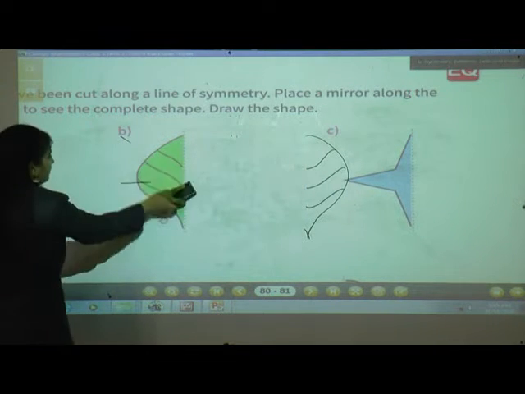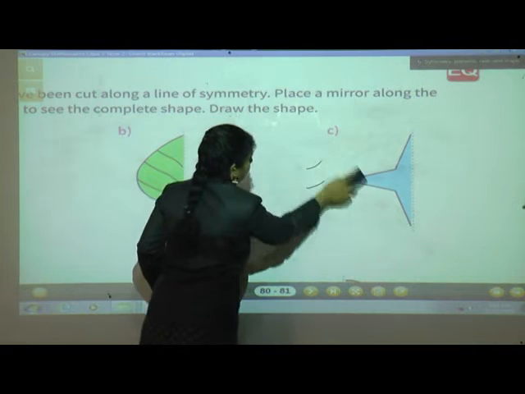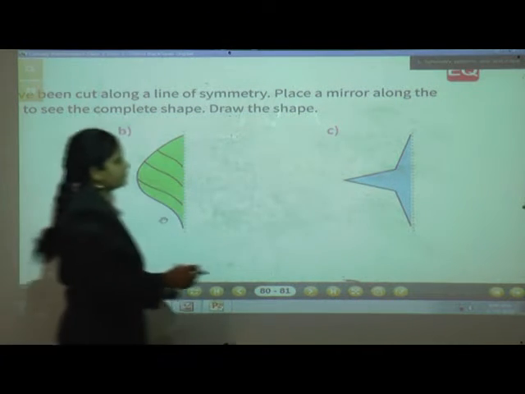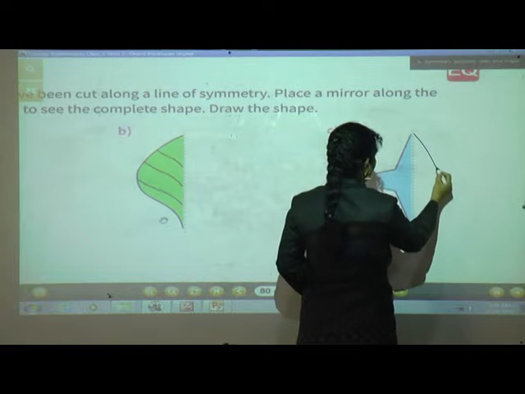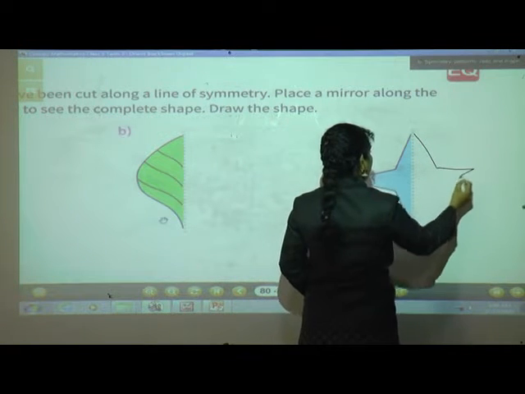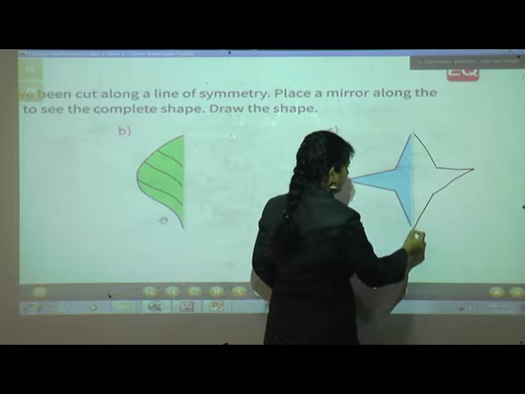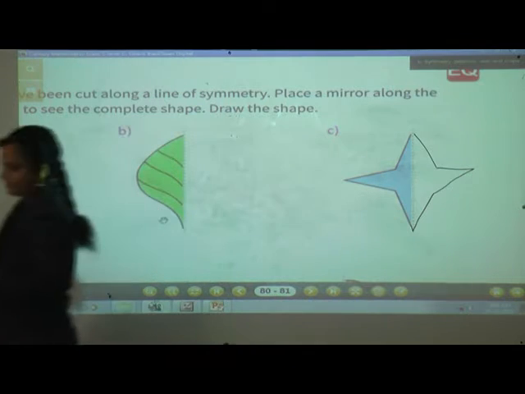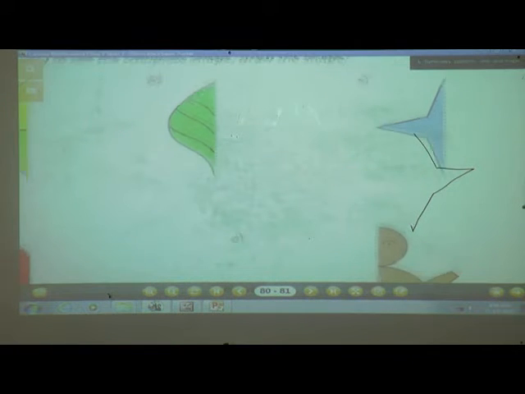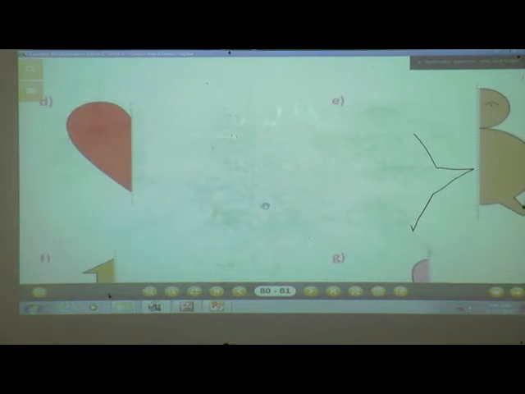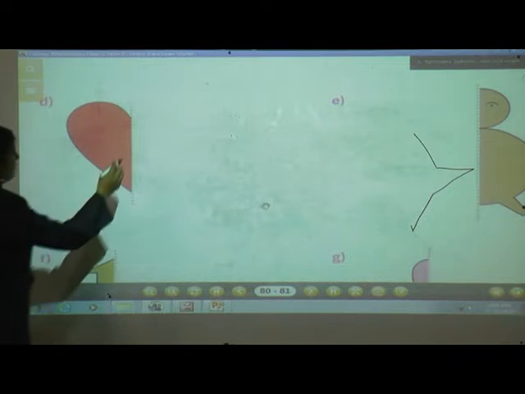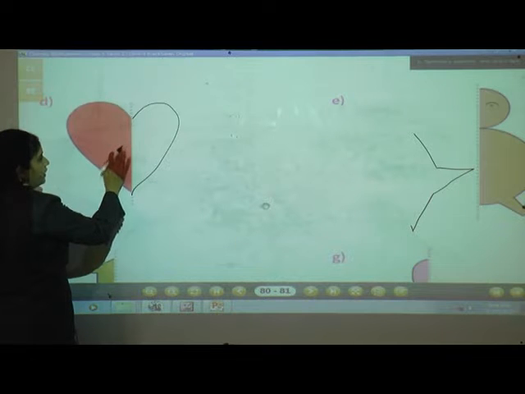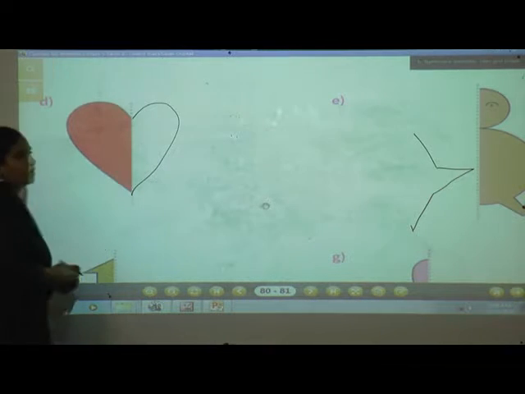Here we can draw the shape like this so that the figure will complete, and you can color. Now see B1. Here it will complete the figure, and as per the color you can color the remaining part.